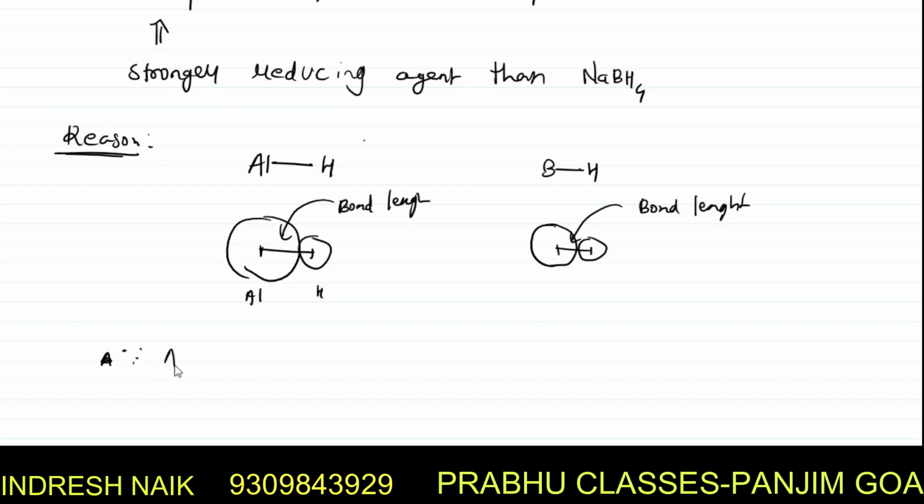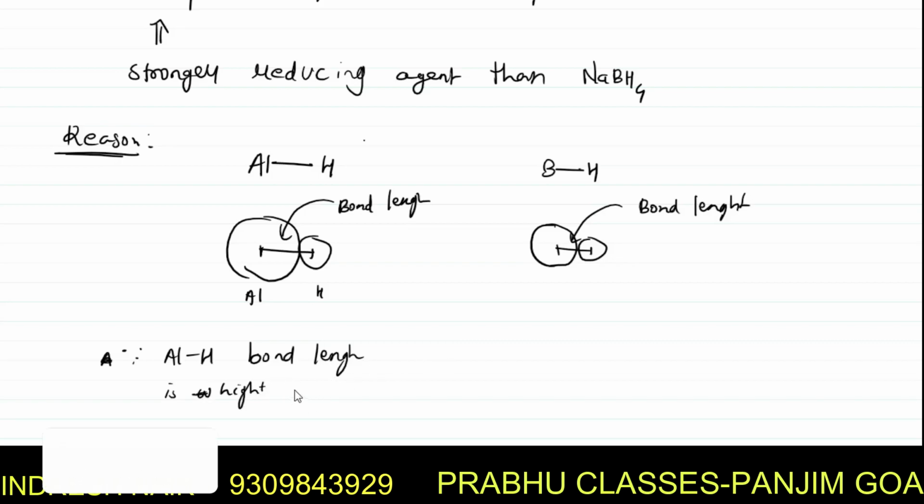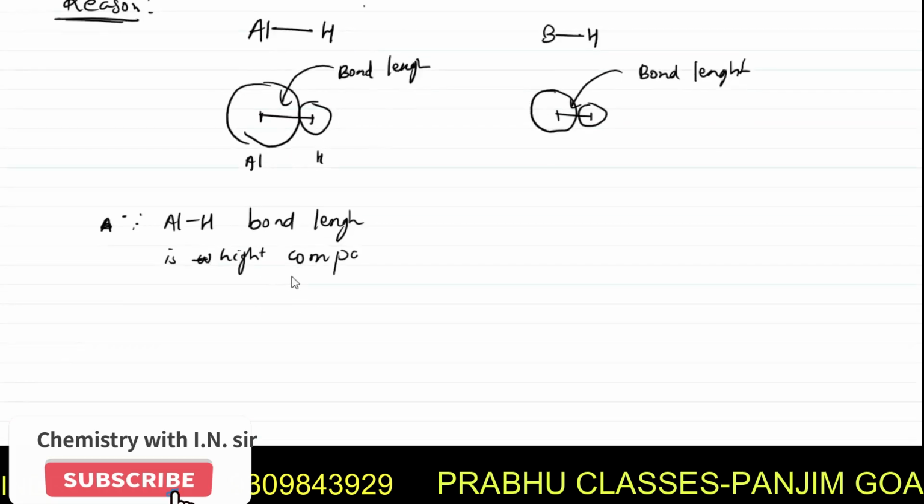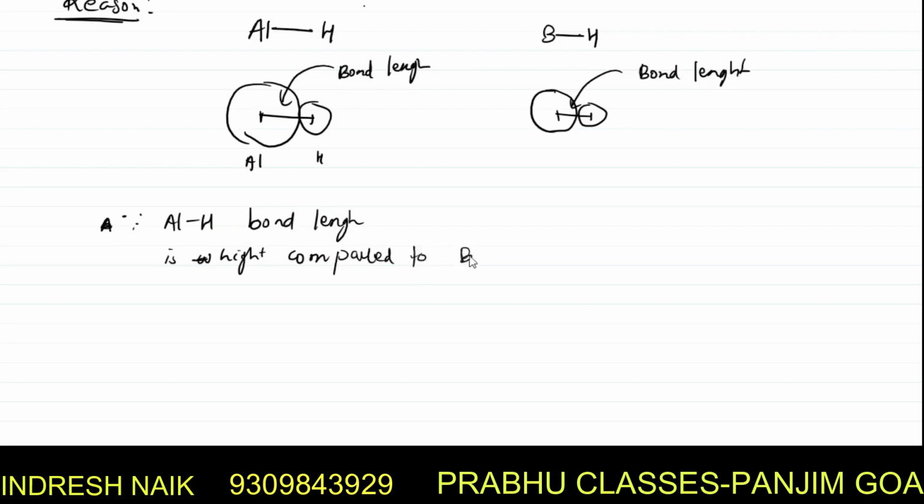Since the aluminum hydrogen bond length is high compared to the boron hydrogen bond length in sodium borohydride, right?